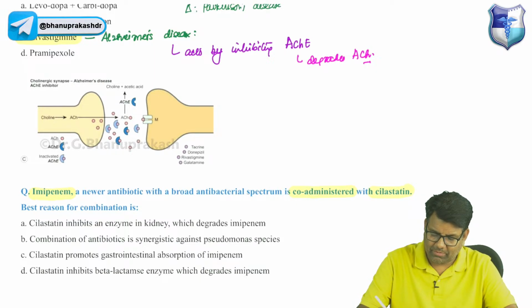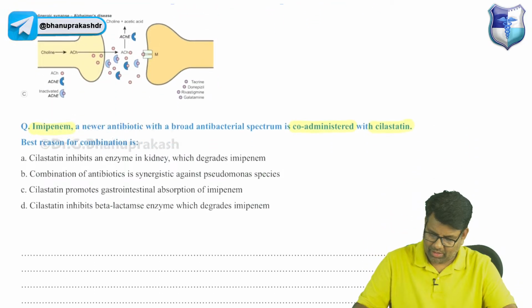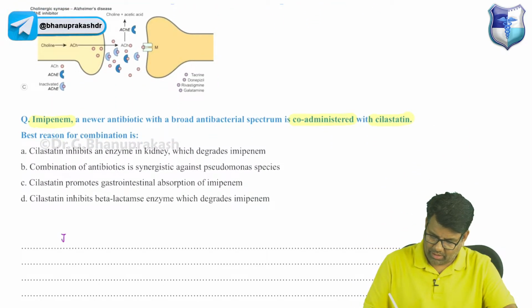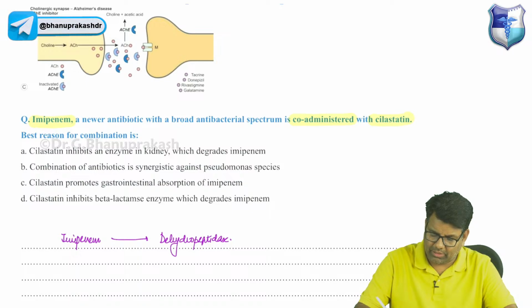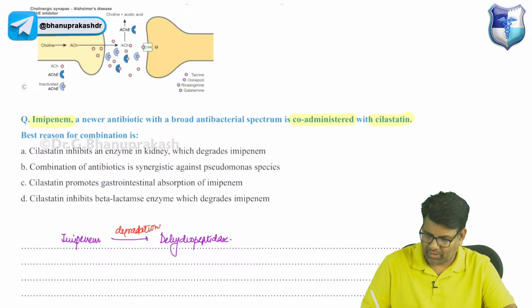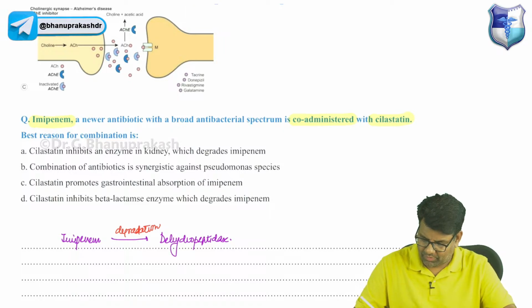Actually, what happens is imipenem is destroyed by dehydropeptidase. So the degradation is done by dehydropeptidase. So what we want to do is give a drug which will inhibit this enzyme.